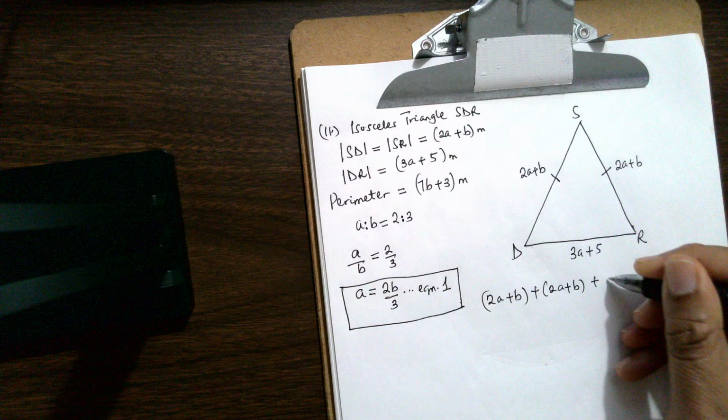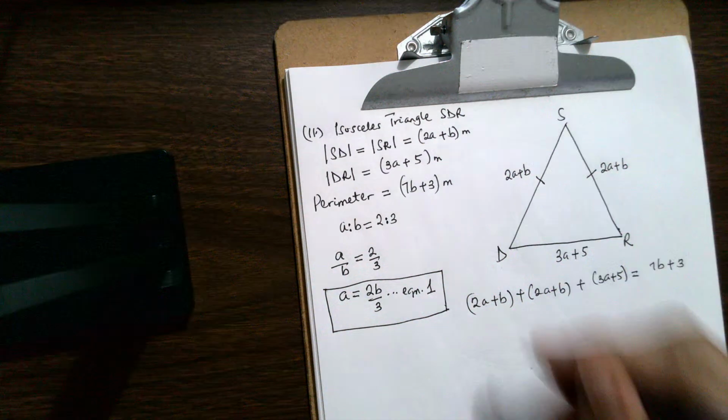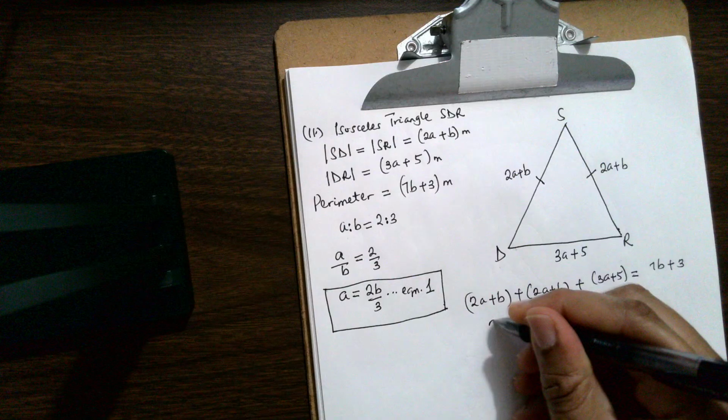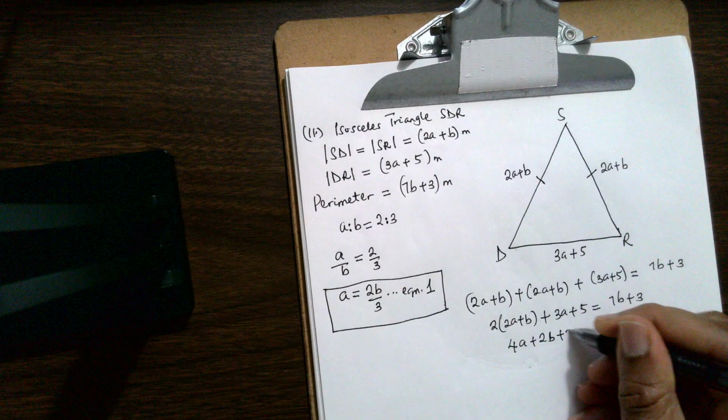So this is the perimeter equal to 7B plus 3. Okay, so I can have this as 2 times 2A plus B plus 3A plus 5 is 7B plus 3. So this is 4A plus 2B plus 3A plus 5 is 7B plus 3.